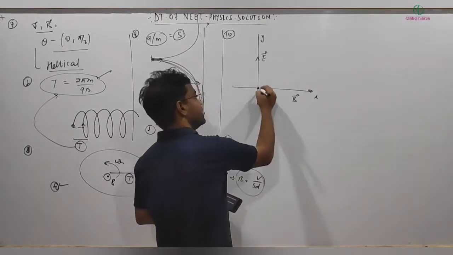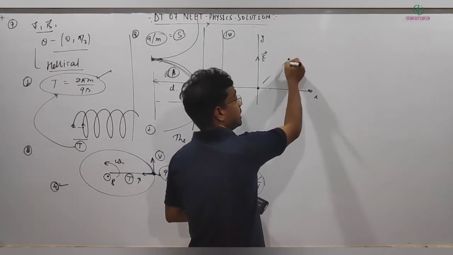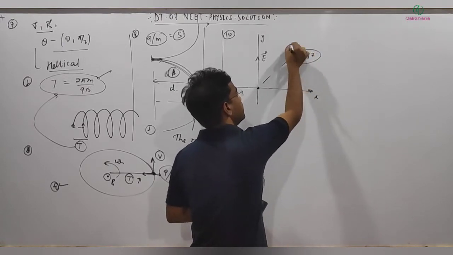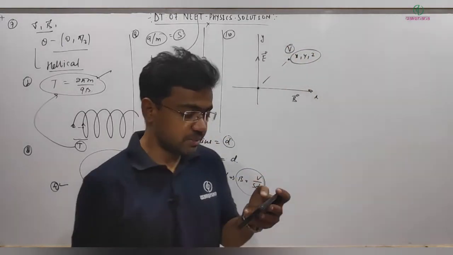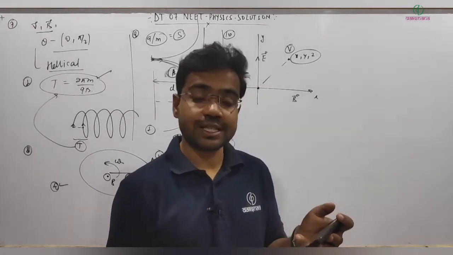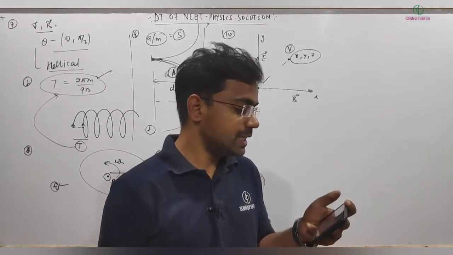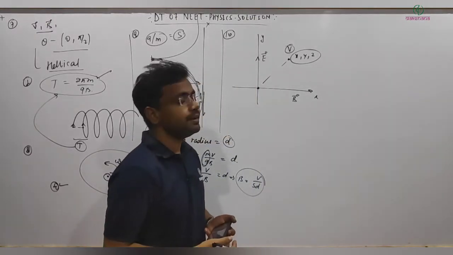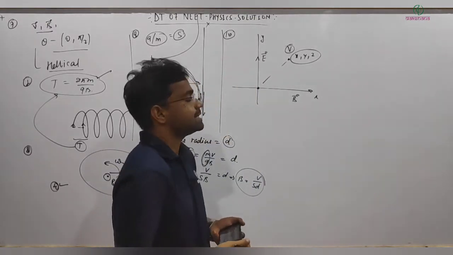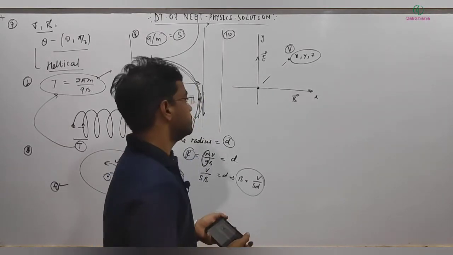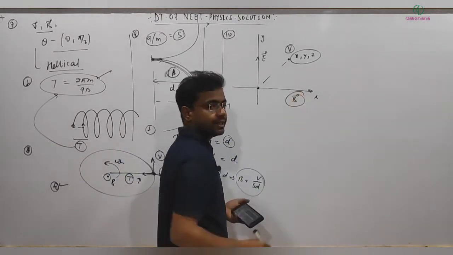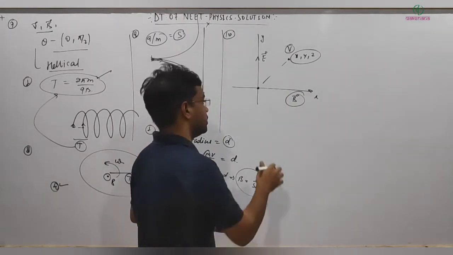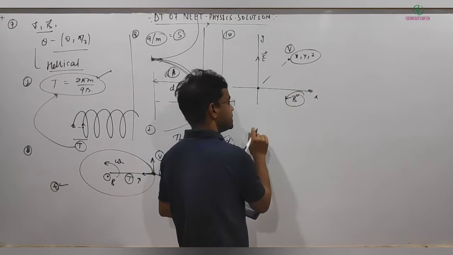Let's say at some point of time the particle is at the coordinate x, y, z, and its speed becomes v. Now you must be understanding in which direction the force will act, because the magnetic force cannot change its speed.